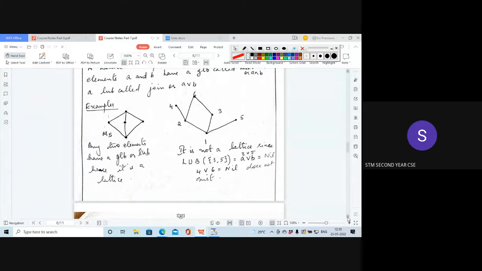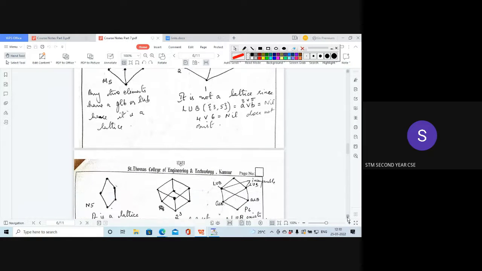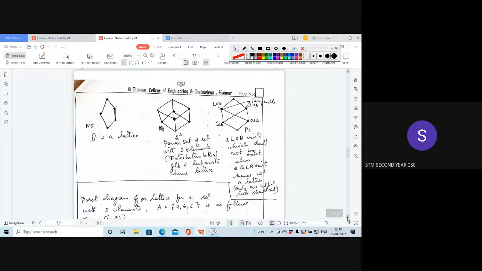If there is a GLB and an LUB for every pair of elements in the Hasse diagram, then it can be called a lattice. If it does not exist, or if there exists more than one least upper bound or greatest lower bound, then it cannot be considered a lattice. Is it clear?